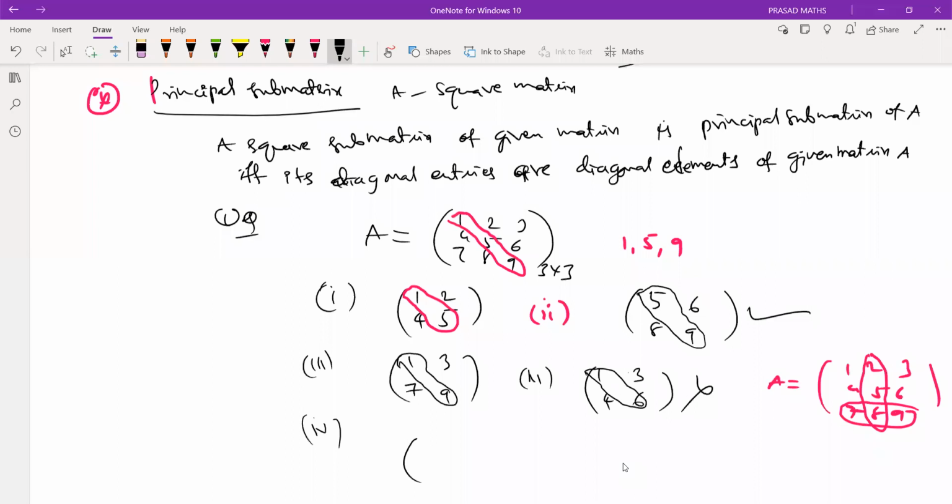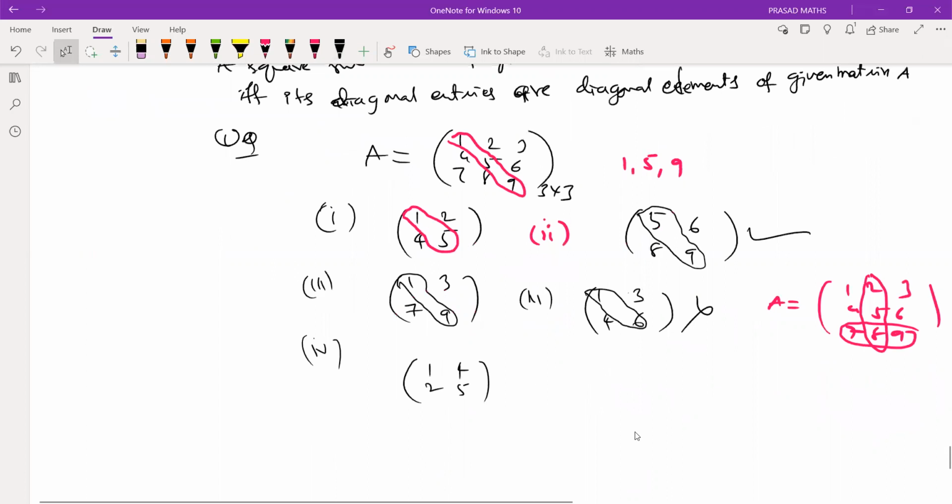Next, suppose you take this 1, 2, 4, 5 (with the entries permuted). Is it actually a principal submatrix? Is it a submatrix first of all? No, right? Why? Because already what I told you is that permutation of entries should not be allowed.